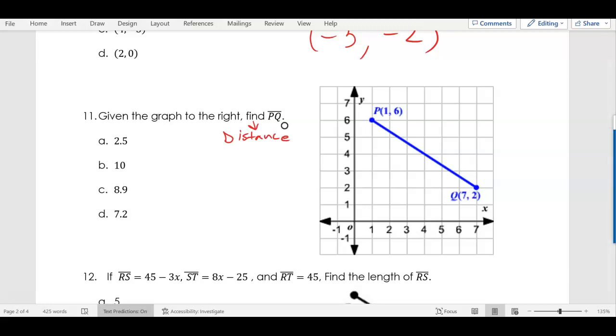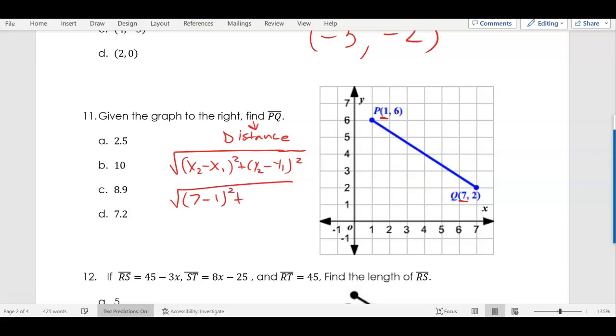If you don't remember, distance is the square root of x2 minus x1 squared plus y2 minus y1 squared. Okay. So when I'm typing or writing it out, x2, 7 minus x1, 1. And then the y's, 2 minus 6.